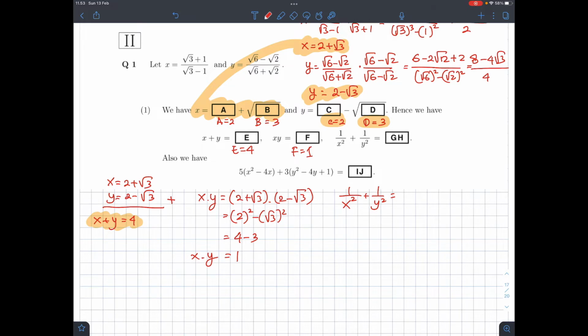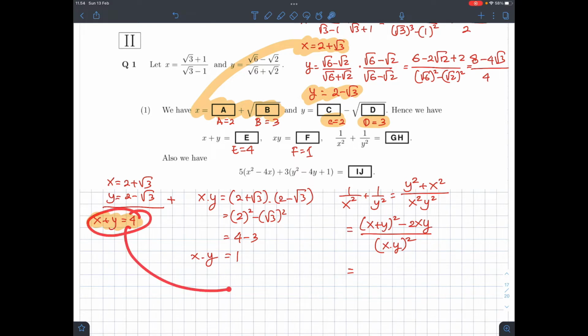Using a common denominator, the numerator becomes x squared plus y squared, and x squared plus y squared is (x plus y) squared minus 2xy, and the denominator x squared times y squared can be changed to (x times y) squared. Until here you just substitute any value you already have.